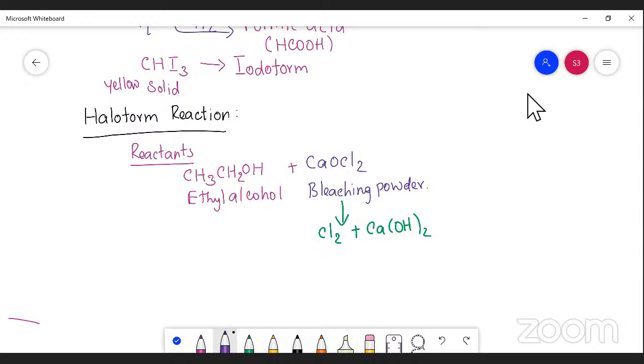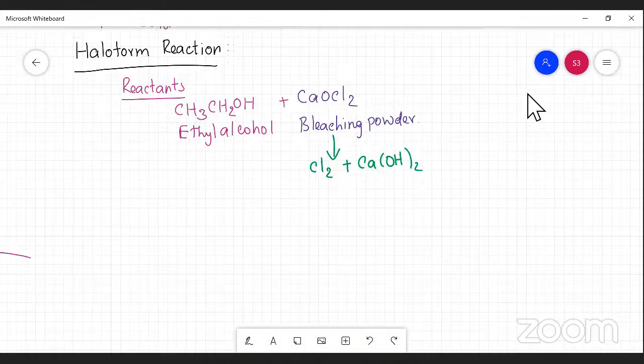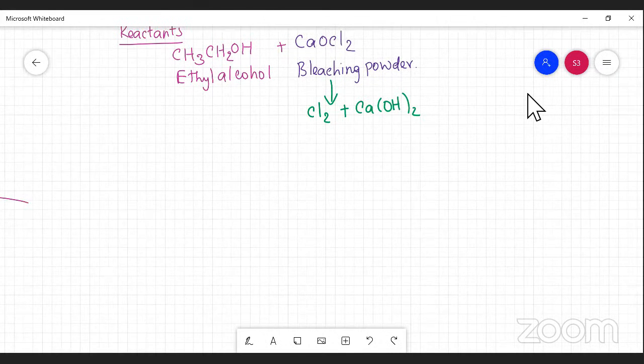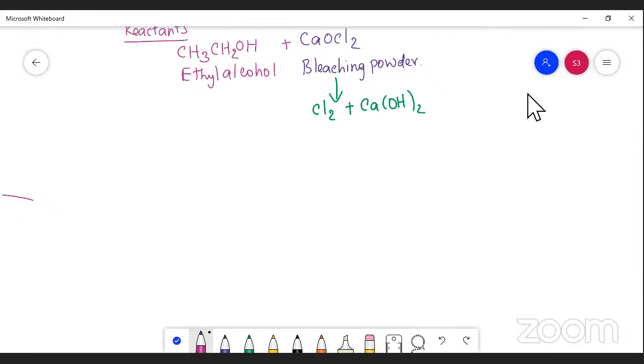Now, we are taking step 1. Here, we are taking the bleaching powder. Listen, what is a bleaching powder? CaOCl2 is bleaching powder. This is the step 1 reaction.